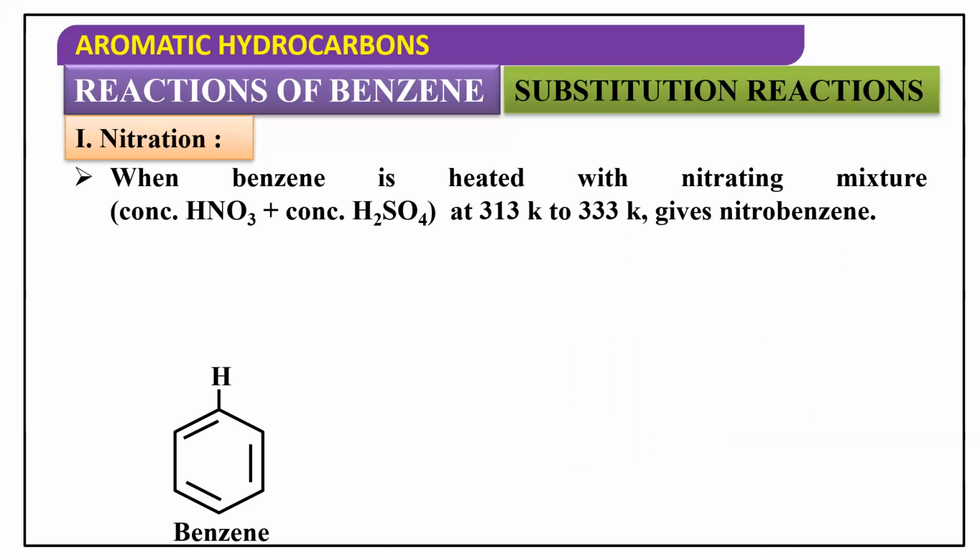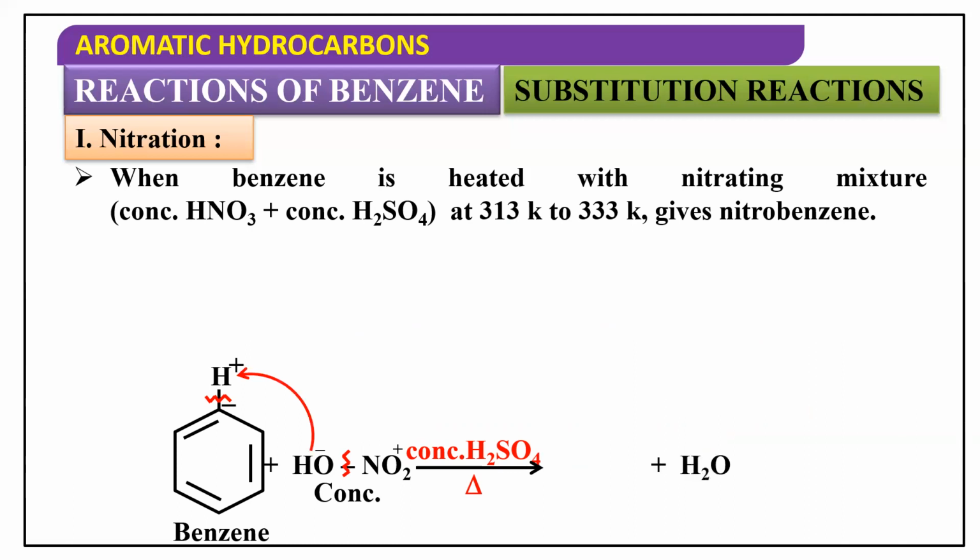So let's have a look at the chemical reaction. Benzene reacts with nitric acid in the presence of concentrated sulfuric acid. There is removal of water. So H plus will take away OH minus to go out as water. In place of hydrogen, we have NO2 plus getting substituted, giving us nitrobenzene.